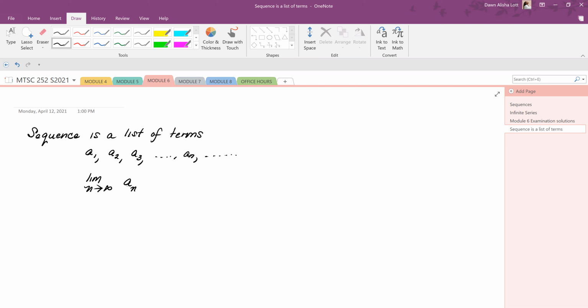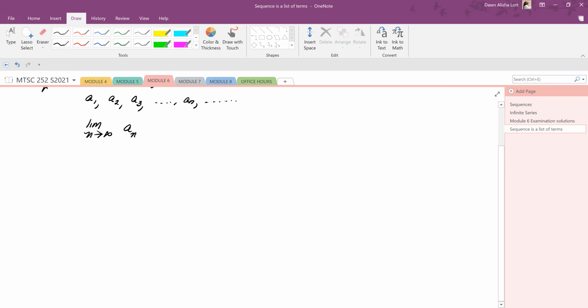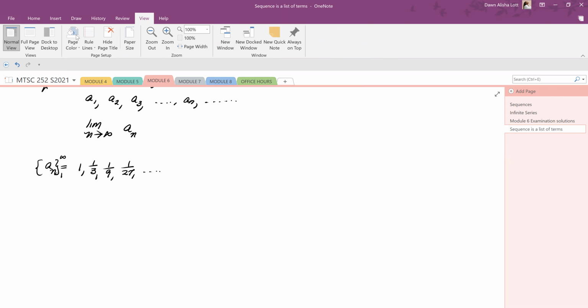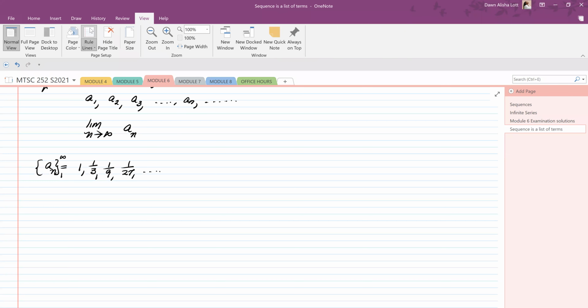So on the exam, the first thing was you had to identify what this sequence looked like. So this sequence AN, and I did tell you n started at 1 to infinity. This sequence was 1, 1/3, 1/9, 1/27, etc. And so again, you have to be able to identify the pattern.